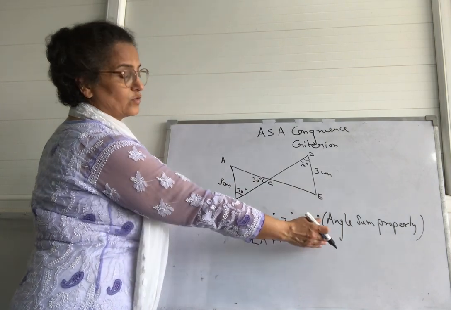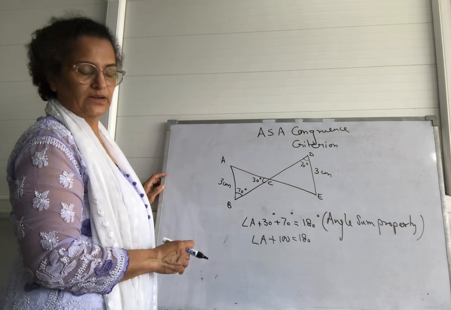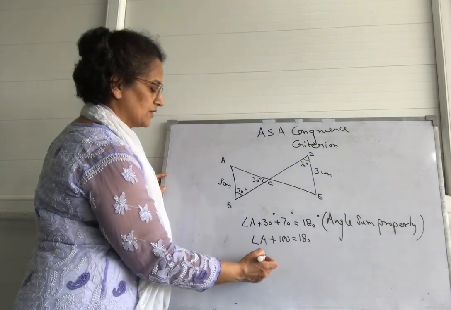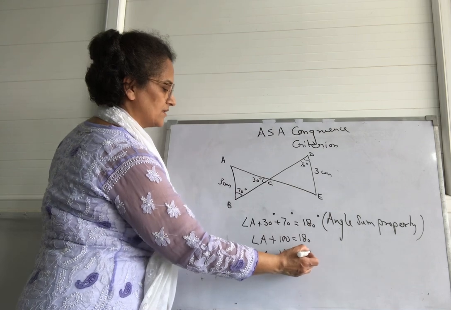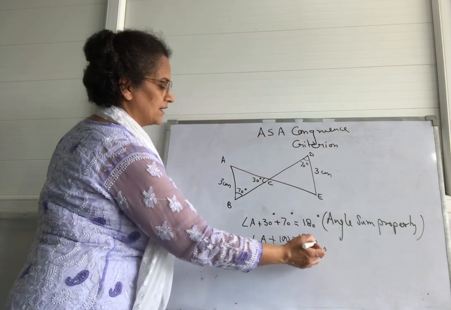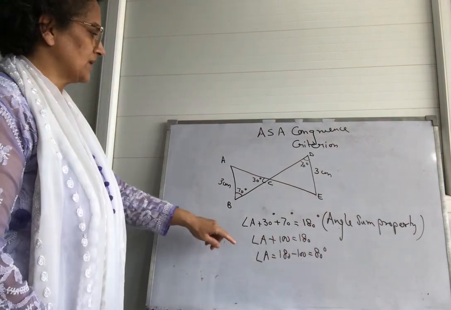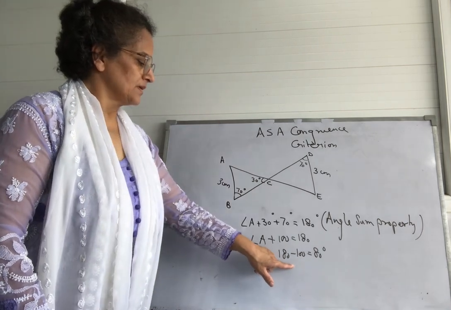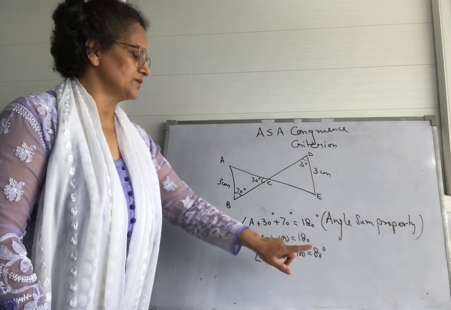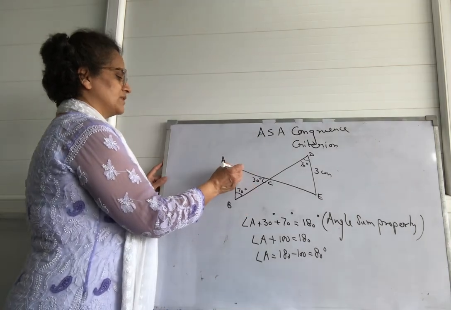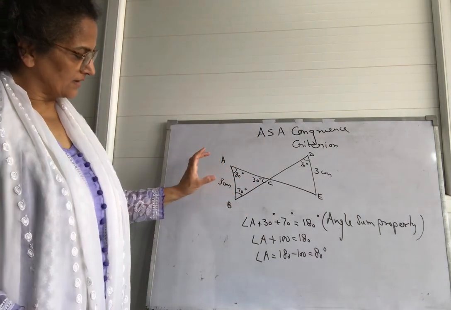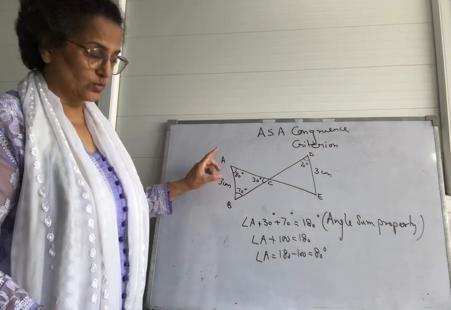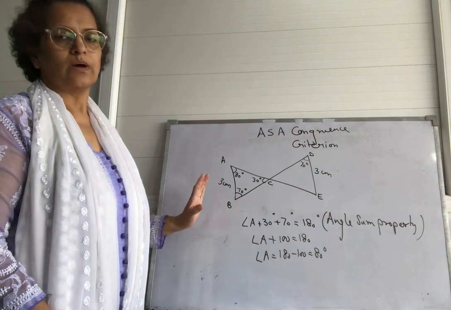Plus 100 goes on the other side of equality, it becomes minus 100. So angle A will be 180 minus 100, that is 80 degree. So I have found this to be 80 degree. Now I can say the side is included between these two angles.